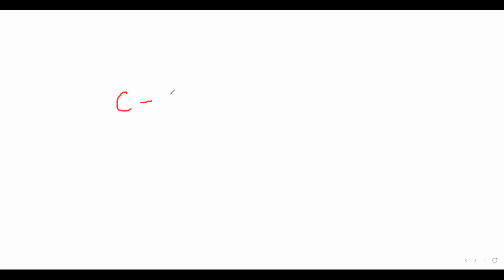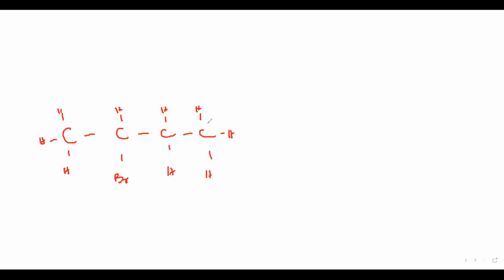So if we have a halogen alkane, for example, say bromine is attached. This is having 3 hydrogens. And we add KOH in alcoholic medium.